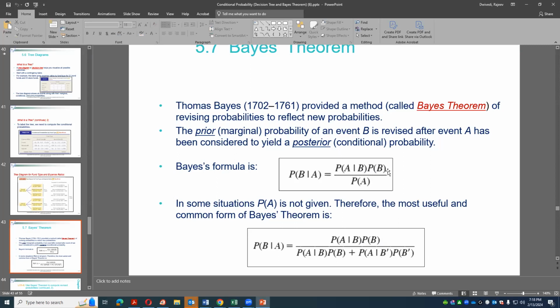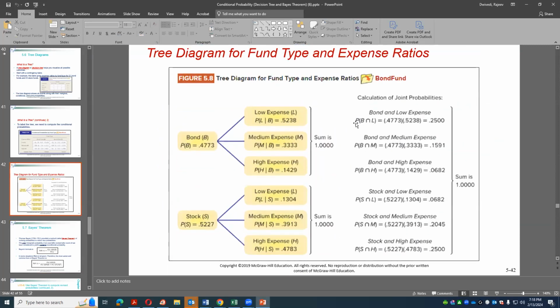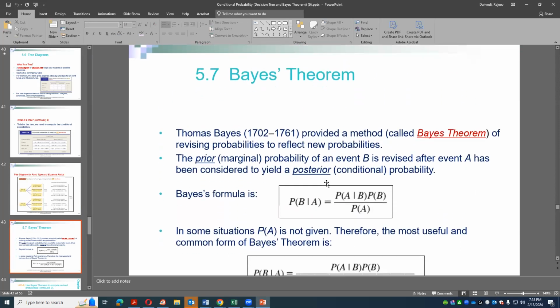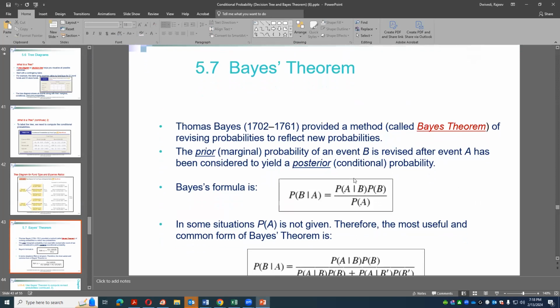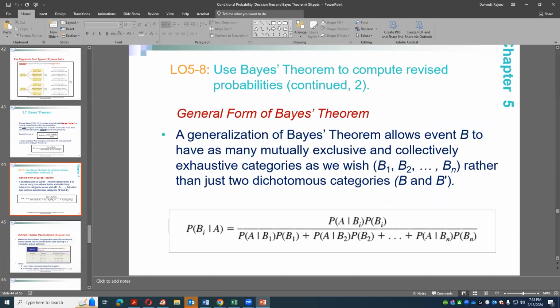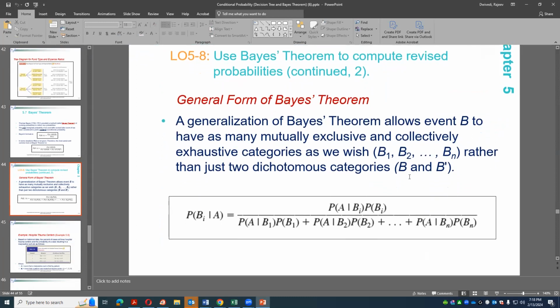A and B has been replaced by this formula as we see here. This is probability of B and A, this into this, same thing. So this is Bayes formula. And if you go deeper, it can become more and more complex if you have more events.